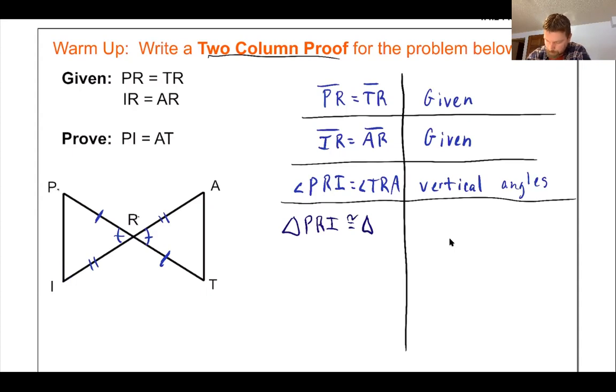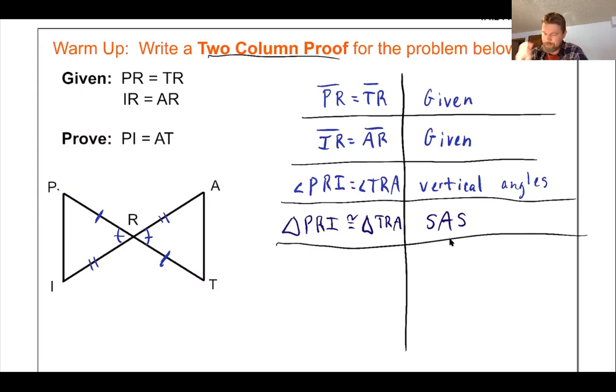If I go P to R to I, that's following along this one tick mark and then the two tick mark. So in the triangle on the right, that would be the same as TRA. So triangle TRA. And I know that's true by my side angle side shortcut. Right, I had a side, I had an angle, I had a side: angle, side.